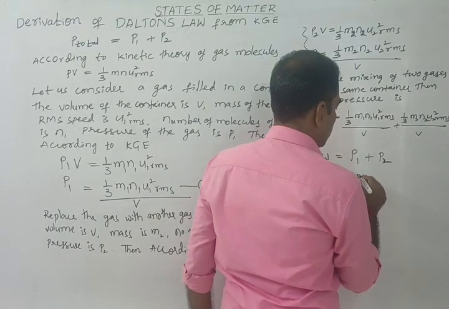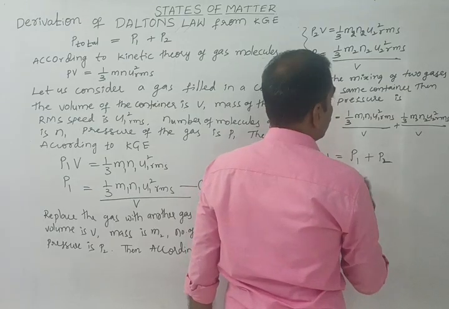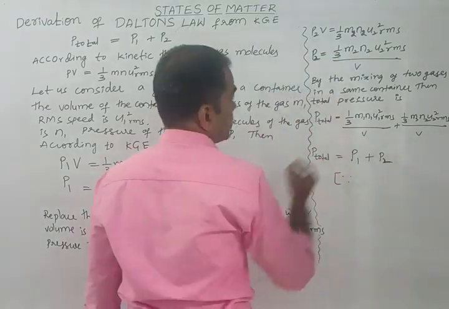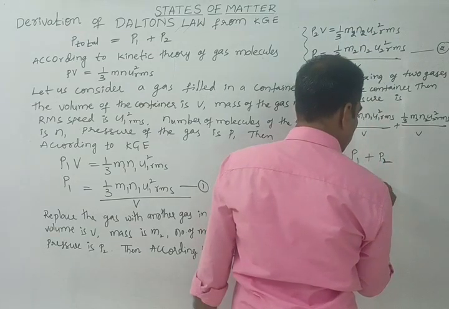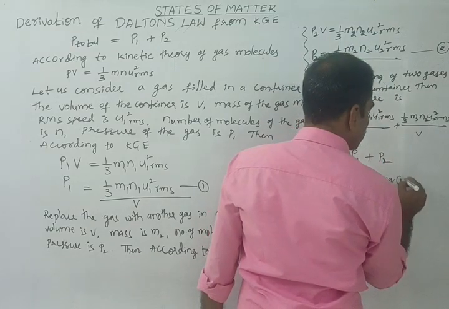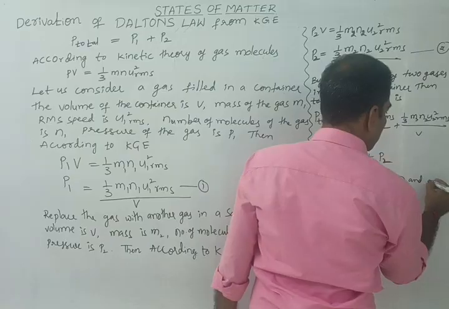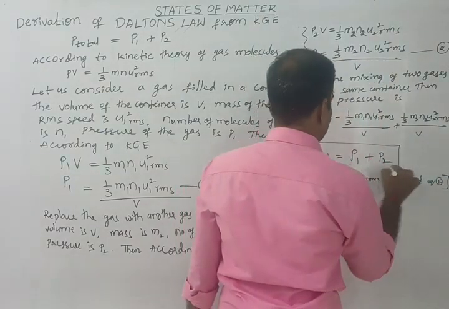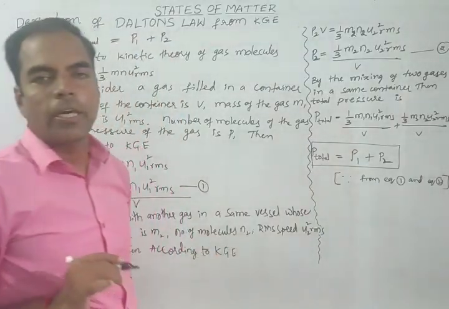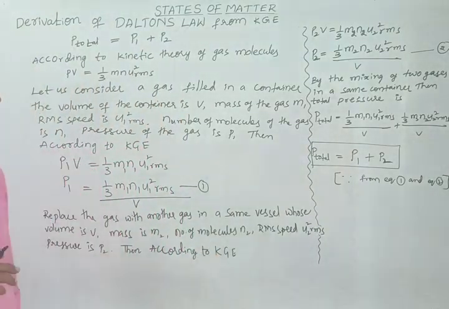Let us consider this equation 1 and this equation 2. From equation 1 and equation 2, P total is equal to the sum of the individual partial pressures.